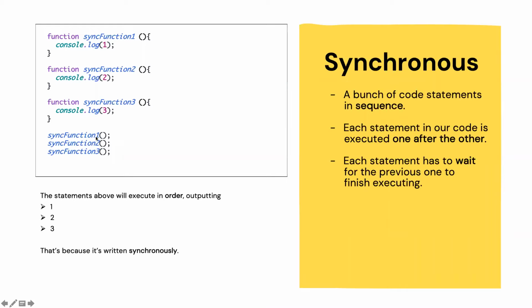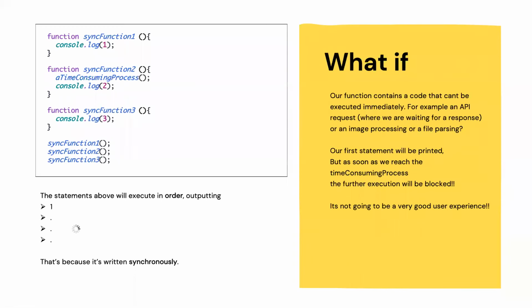Until function one is executed, function two won't execute, and function three will wait for function two to execute before it is executed. So it's a bunch of code in sequence. If we execute this piece of code where we have four functions and they log something, it will print 1, 2, 3. This is running in sequence. This is called synchronous code. Just so that we are all on the same page, I'm starting from the absolute basics.